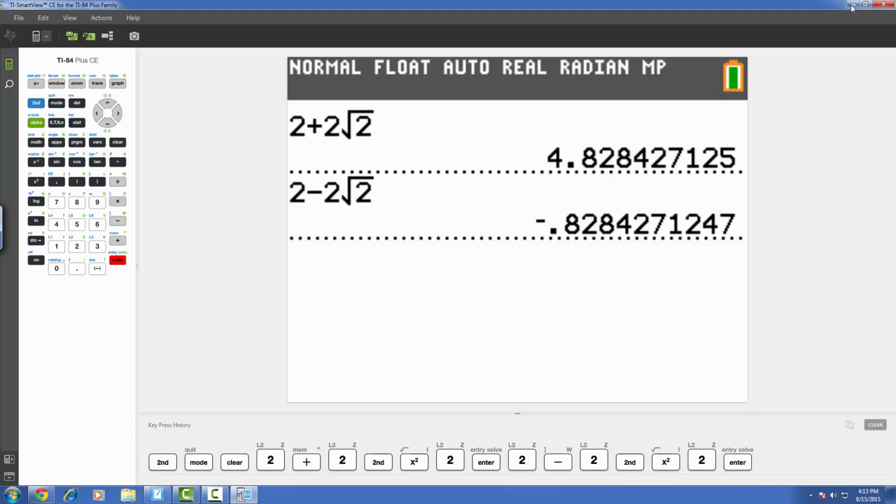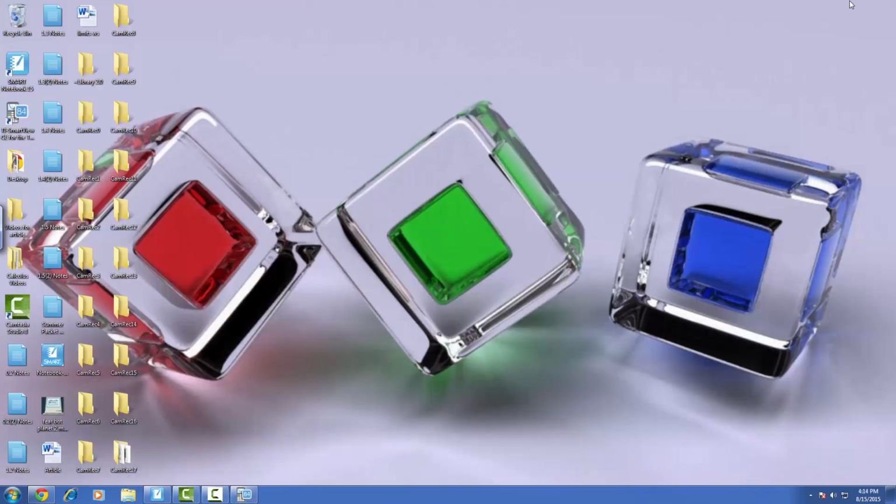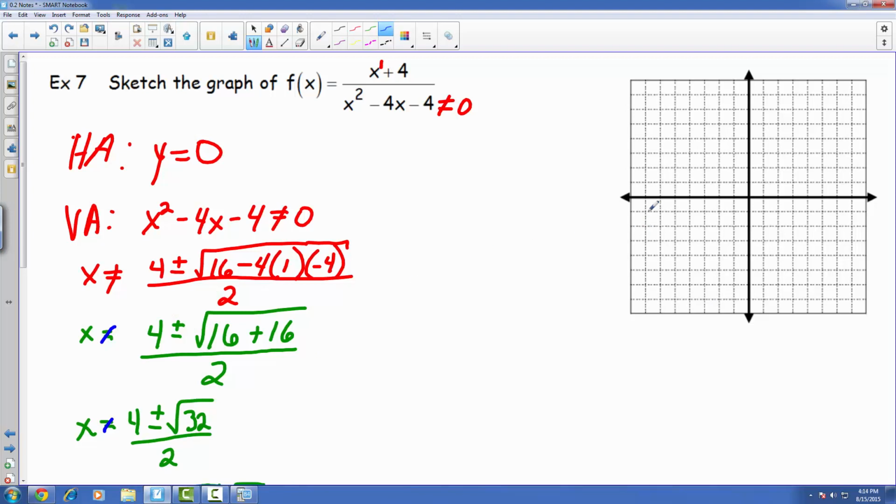So when we're graphing those VAs, that's what we're going to try and aim for in our graph. So we said positive almost 5 for our VA. So we are a little shy. Doesn't have to be perfect as long as it's within reason.